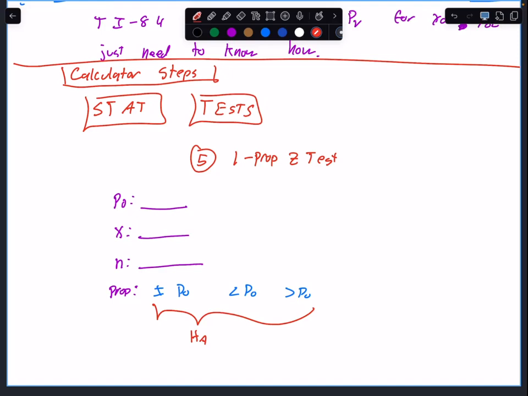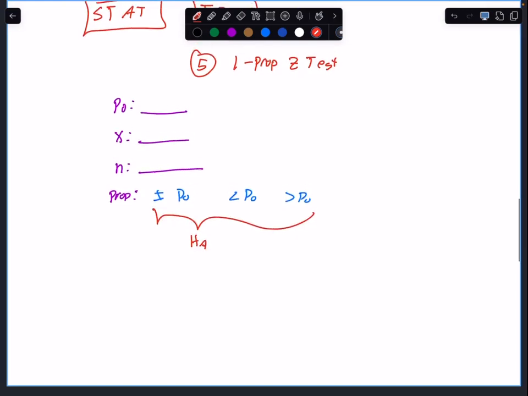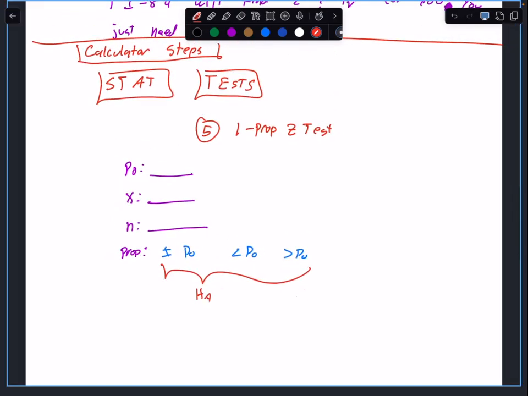Calculator steps. Now, let's do the example that we did from our do now. In my do now, the null hypothesis was P equals 0.24, and the alternative hypothesis was P less than 0.24.